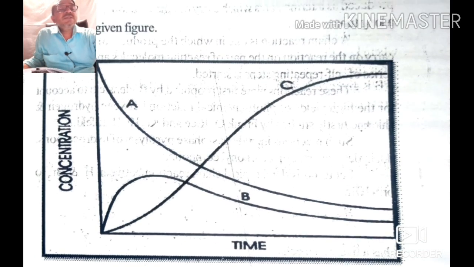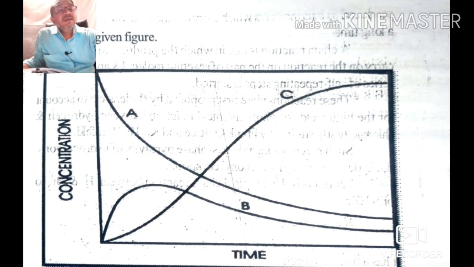So the example is represented here. We have to plot the curve for the understanding of this consecutive type of complex kinetics reaction. Let us see the other part in another video of the series.